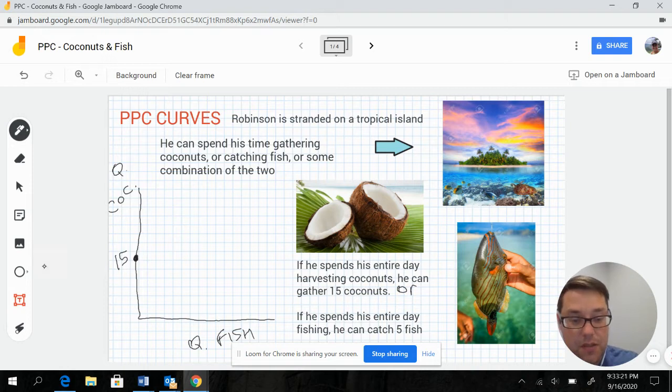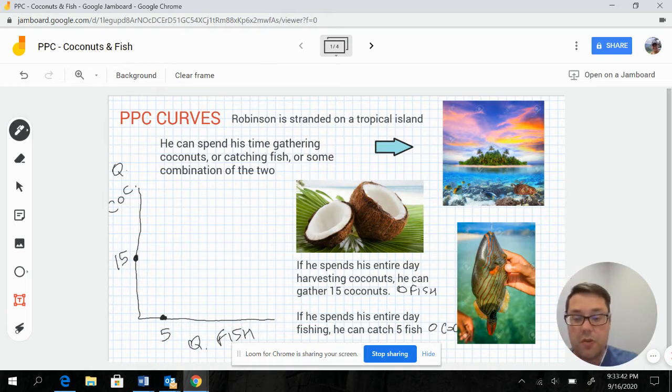Remember, in this case it was 0 fish. And down here it's 0 coconuts. The intercept down here is 5 fish, right? If he spends his entire day fishing, he can catch 5 fish with his bare hands. So if that's 15, 5 is maybe about like this.